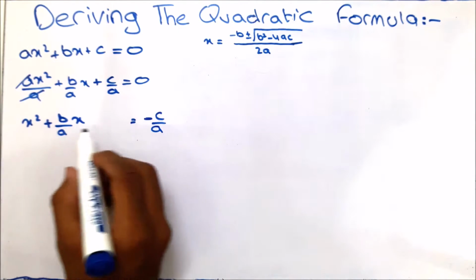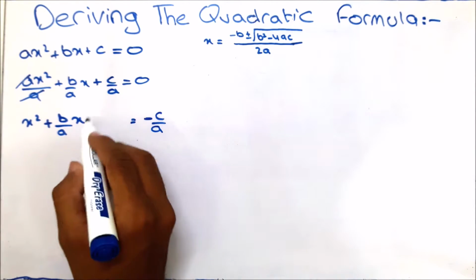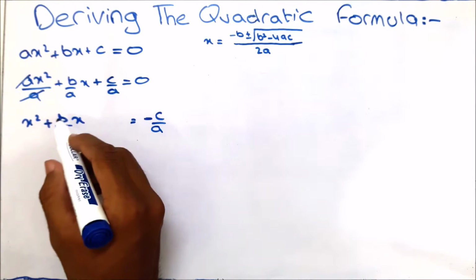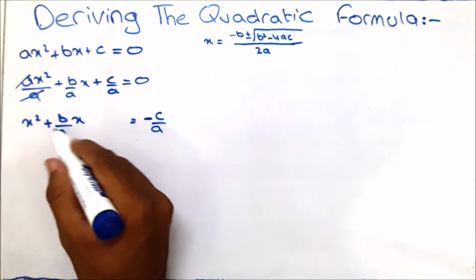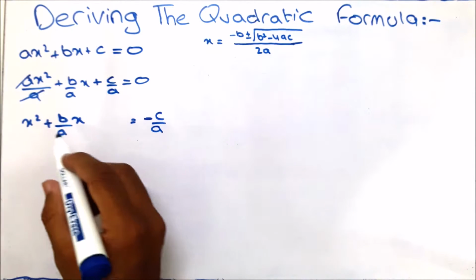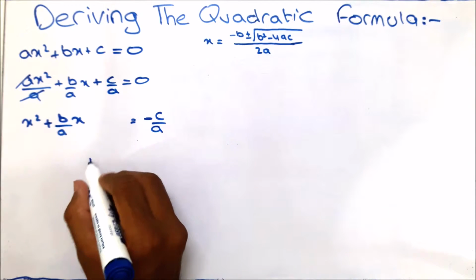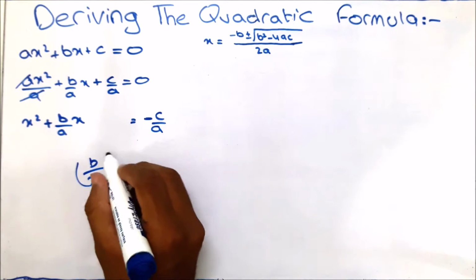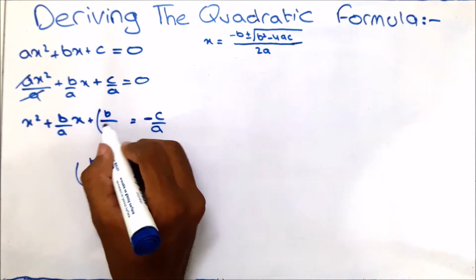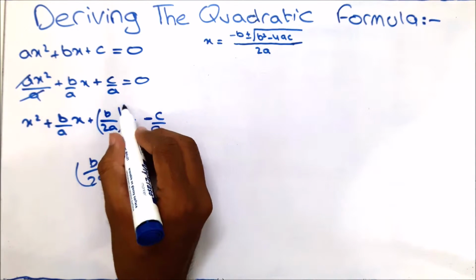Okay, so in this blank space, we just divide the coefficient of x by 2 and write its square over here. When we divide it by 2, we get b over 2a and we square it. So here we will get b over 2a, squared.